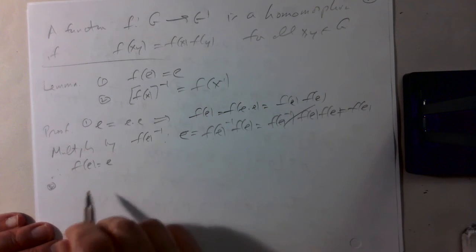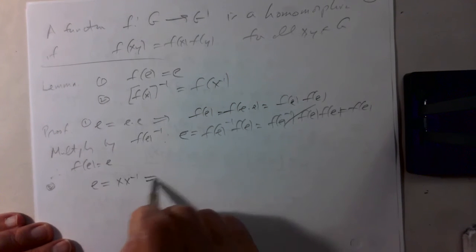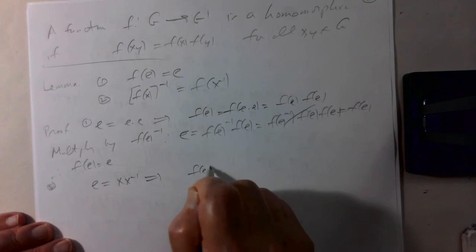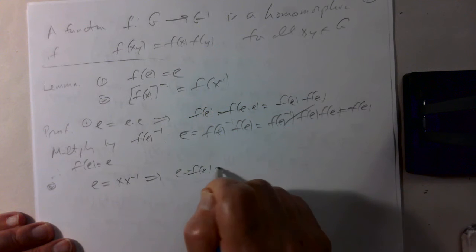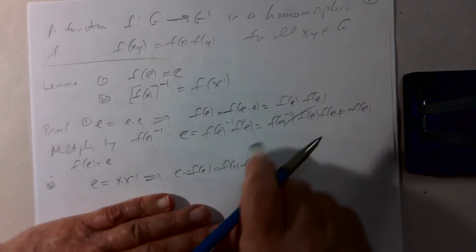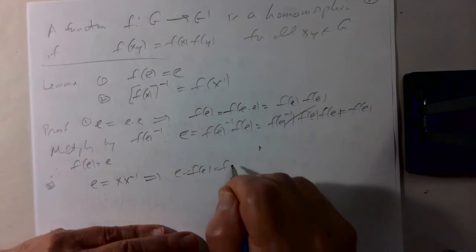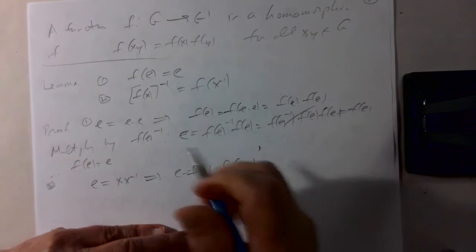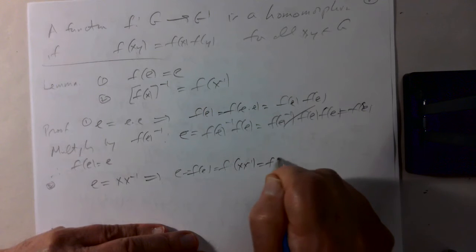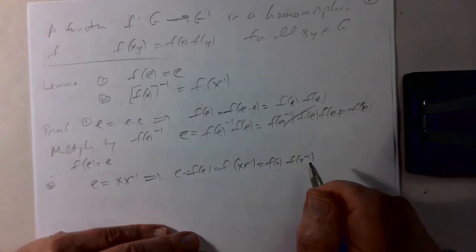What about two? Well, e is equal to x x inverse. So f of e, which we know is the identity, is f of x times x inverse, which is f of x times f of x inverse.